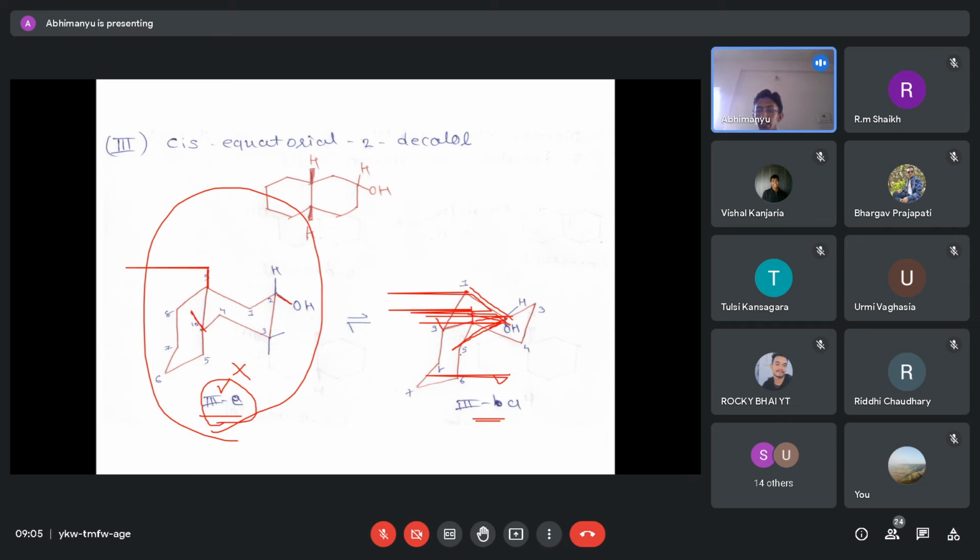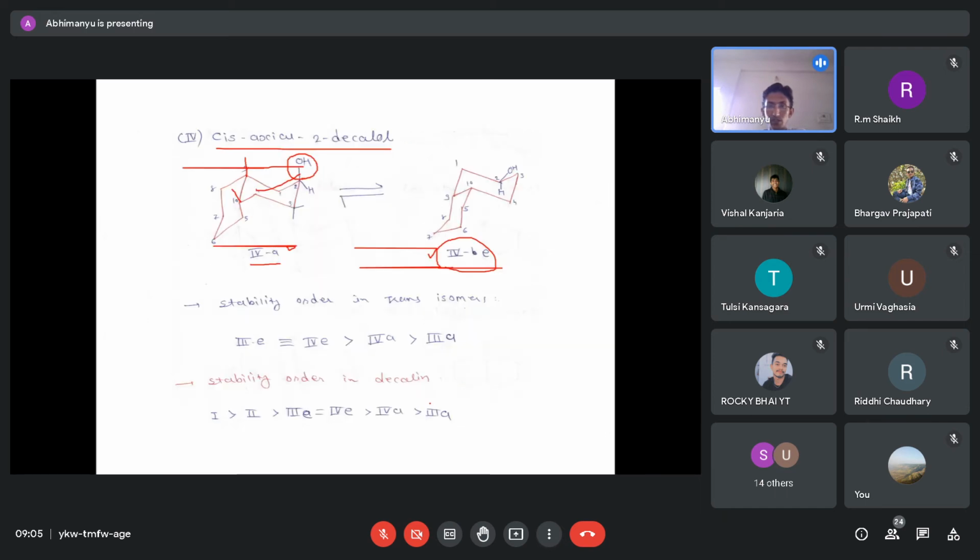One more interaction is with the ring. Near this axial bond there is another ring. But in case of 4 axial, there is no other ring nearby. Means the stability of 4 axial compared to 3 axial will be higher.